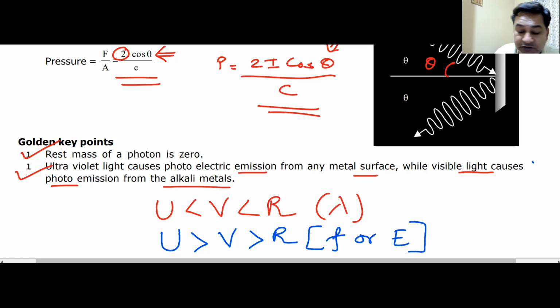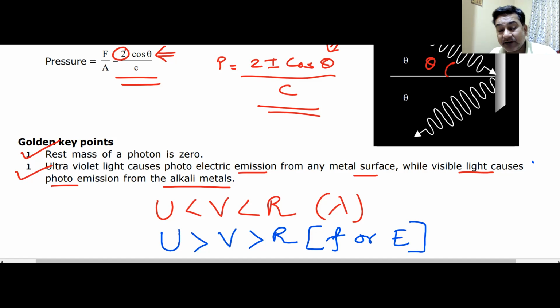Energy is directly proportional to frequency, and energy is inversely proportional to wavelength. Do we understand this?